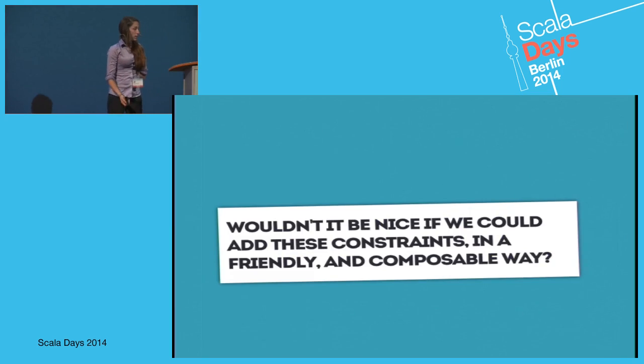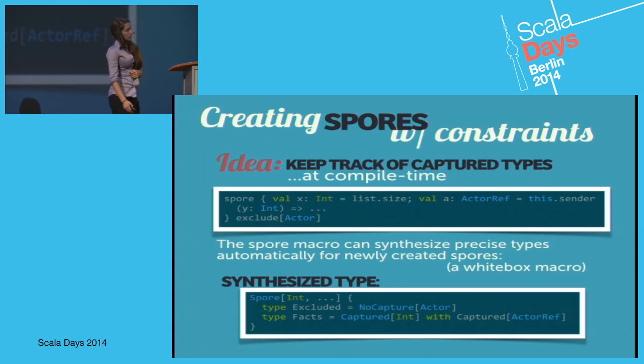Wouldn't it be nice if you could add some kind of constraints that say, I don't want a socket captured and sent over the wire, but in a way that's friendly and composable, so I can always compose functions and never worry about these constraints being lost? That's one of the contributions of this research paper: you keep track of the captured types at compile time.